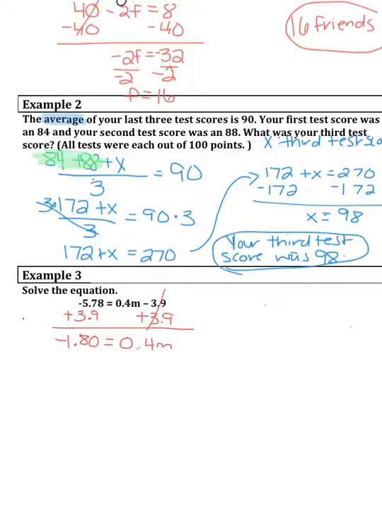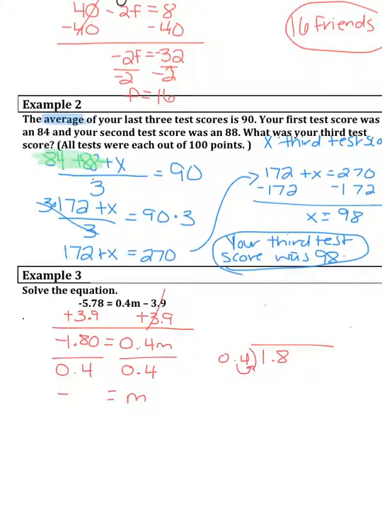Great, now what would you do to get m by itself? Divide by 0.4, right? We're using the inverse operation there to get m by itself. A negative divided by a positive is a negative. If you need to, you could go over here on the side and do the long division for the decimals. If you don't have a calculator, I would hope this would be something you could do anyways.